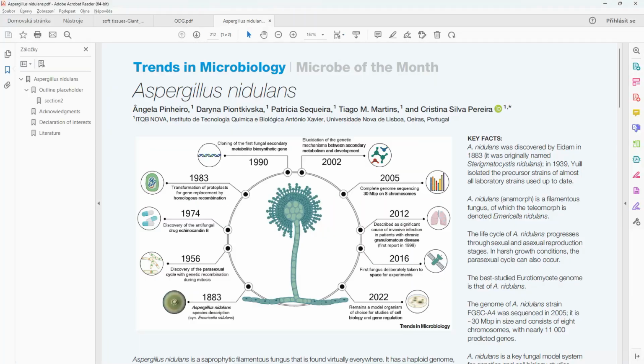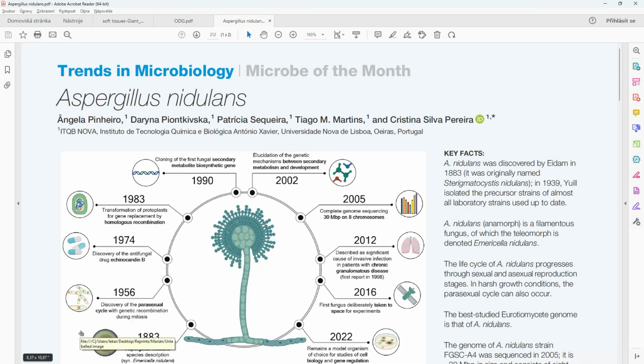fungus. In fact, it's one of the most studied, and we have a lot of information on this fungus. And I will include on our web pages one page with facts about Aspergillus nidulans.